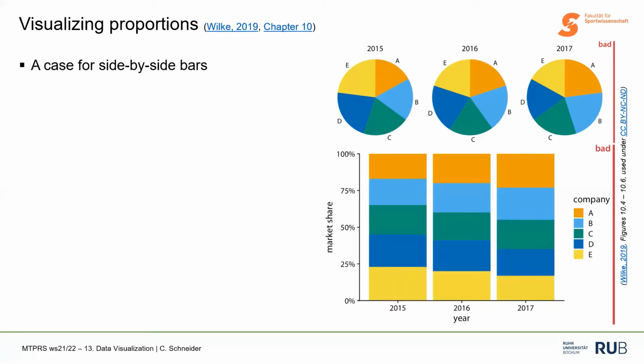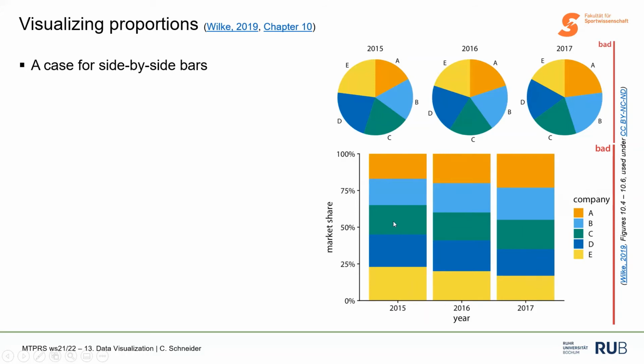Another way of displaying this, and this is also very common in sports research, when we look at training distributions in different intensity zones, for example, over different years, is to look at stacked bar charts, which always add up to 100%. So in this case, yes, we do get maybe a rough understanding of how the companies relate to each other, but we can probably only see the trend over time for different companies only for category A, for the orange company, and for category E for the yellow company.